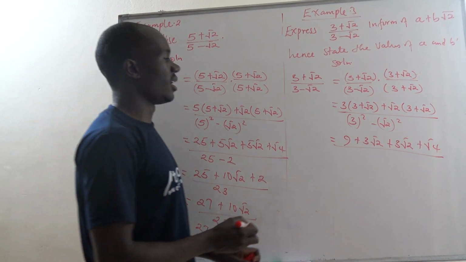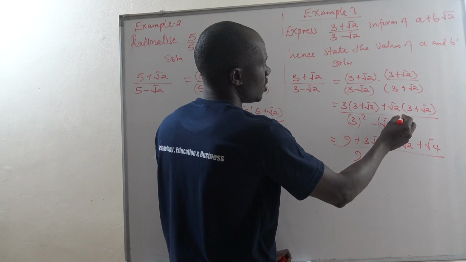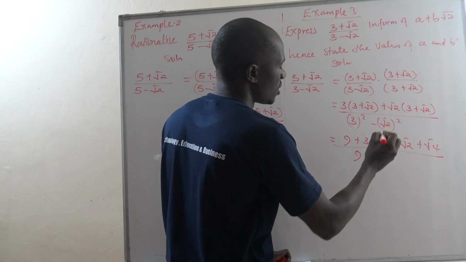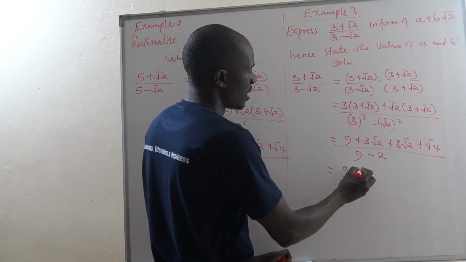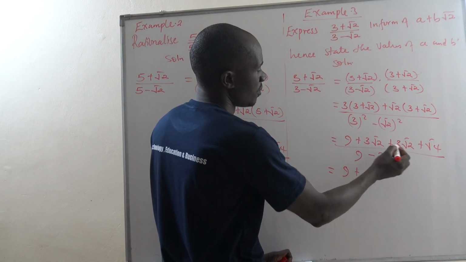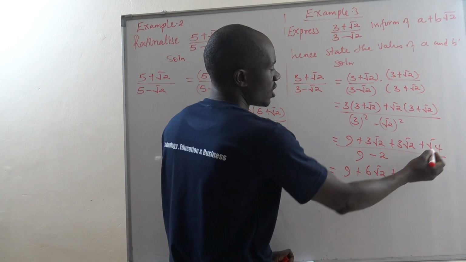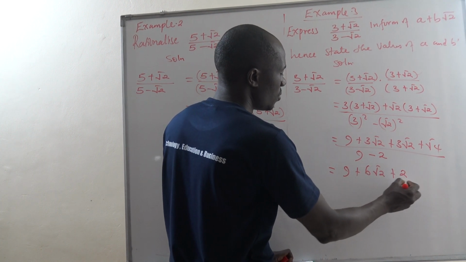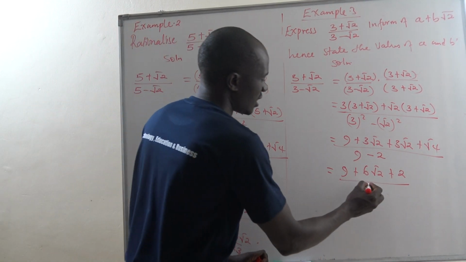What is 3 squared? You are getting 9, minus 2, because the root disappears with the square. So this is the same as 9, plus these ones are the same, 3 plus 3, you are getting 6 root 2, plus the square root of 4 is already 2, all over 9 minus 2, we are getting 7.